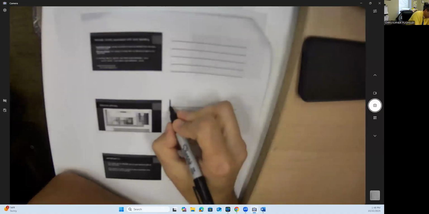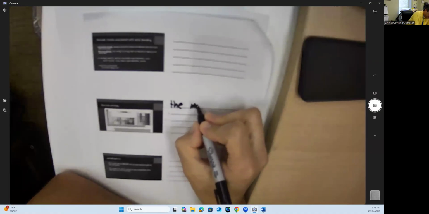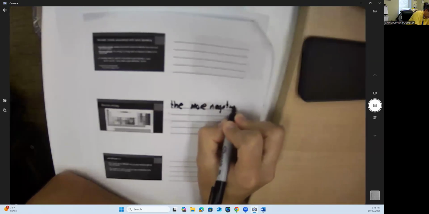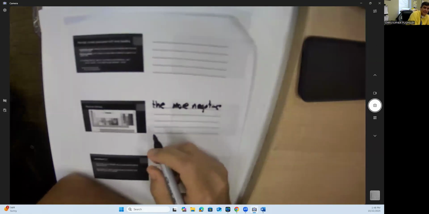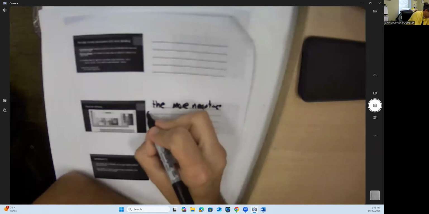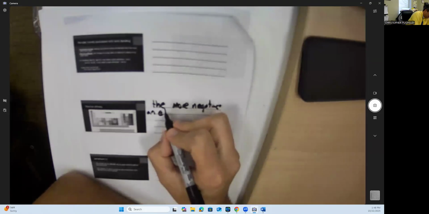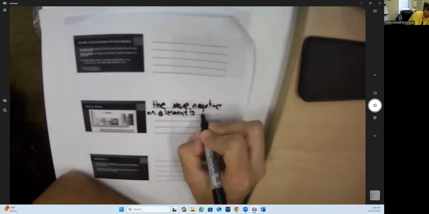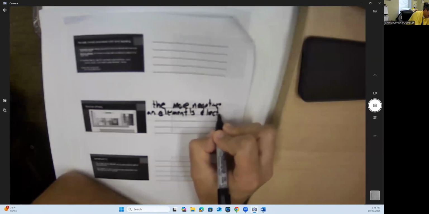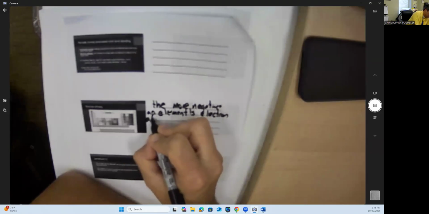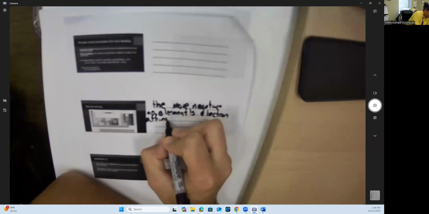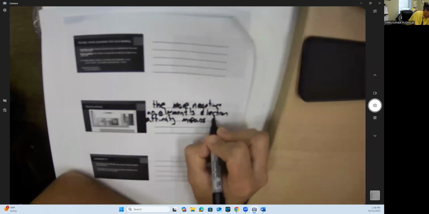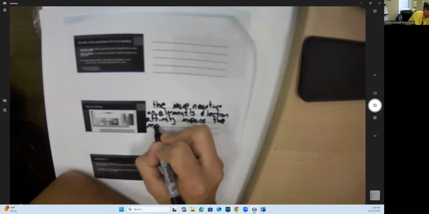The more negative an element's electron affinity, the more energy it releases.